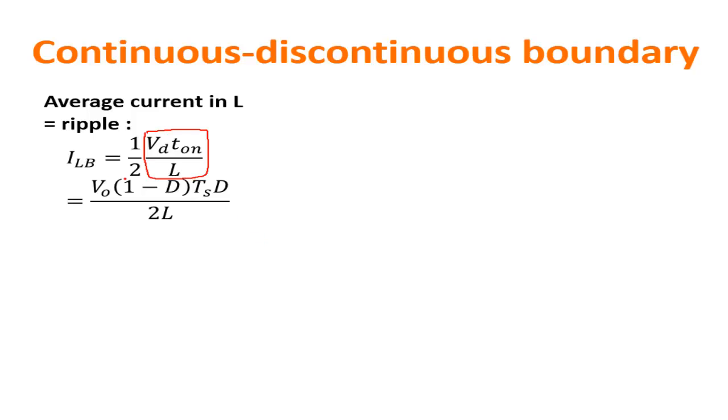This is the average current, which is also equal to the ripple at the limit of continuous conduction.